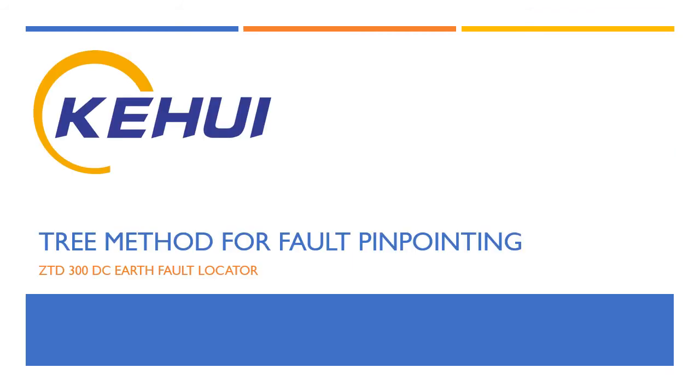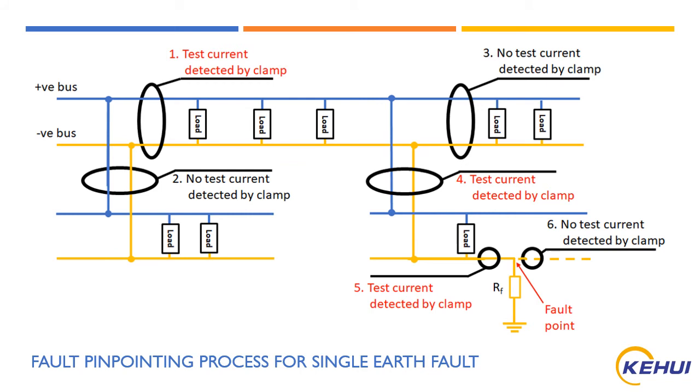For example, to give you a clear idea of understanding and pinpointing the fault, let us consider this single line diagram where you have two feeders with a bus bar connected to the load, and you can see one of the feeders is faulty. So when you clamp to a healthy feeder, you don't get any information of the leakage current and the waveform on the display.